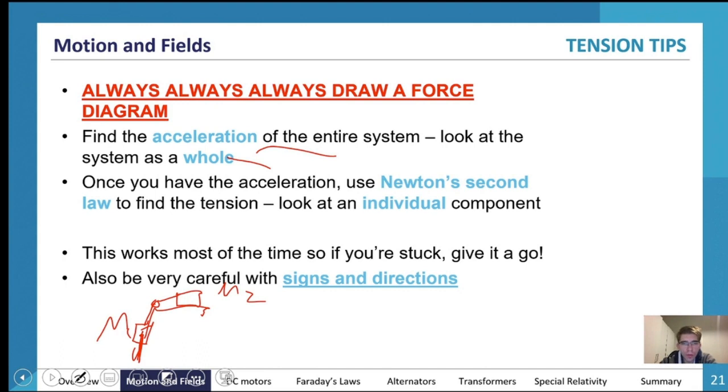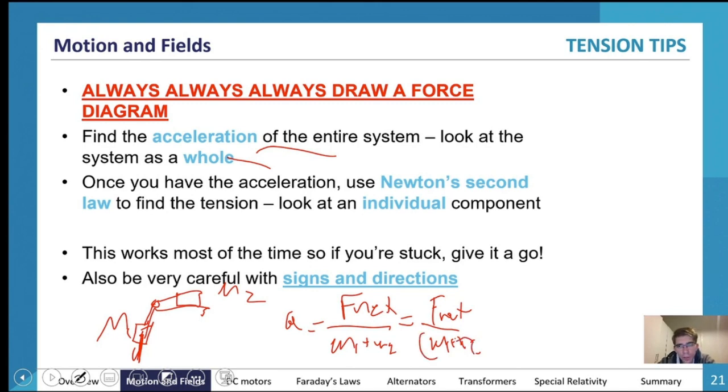So acceleration would be equal to the net force divided by masses of both bodies. So that would be F net divided by M1 plus M2. And therefore, it will give you a magnitude of the acceleration.